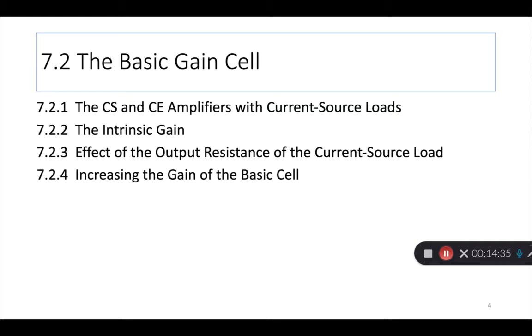You put like a common base. Similarly, on the output, if you want to match the high output resistance of a CE amplifier to a low input impedance, not a source, but let's say an output device such as a speaker, right?